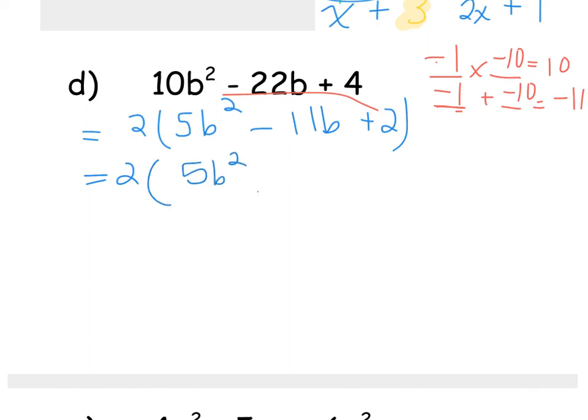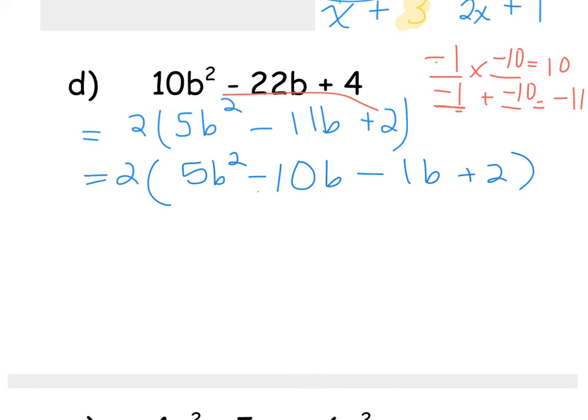I'm going to decompose my middle term by writing minus 10b and then plus 1b and then plus 2. And again, I'm just decomposing that middle term, negative 11b, into these two factors. Just notice that this needs to be a negative. So that would have been a lot of work for nothing.